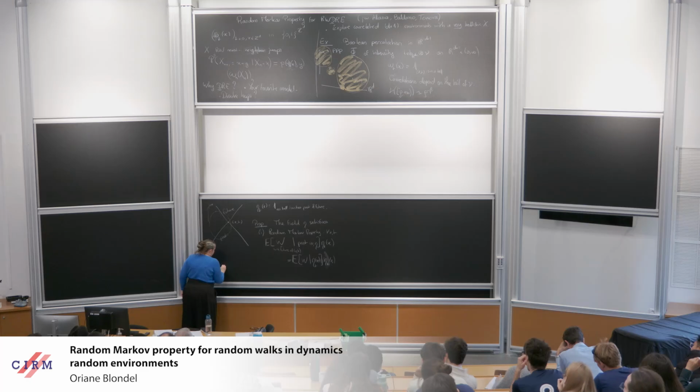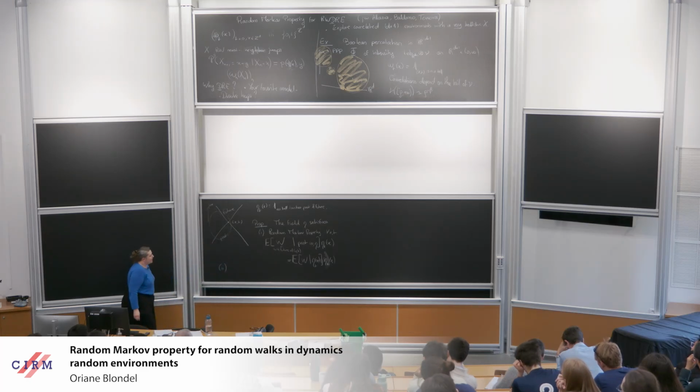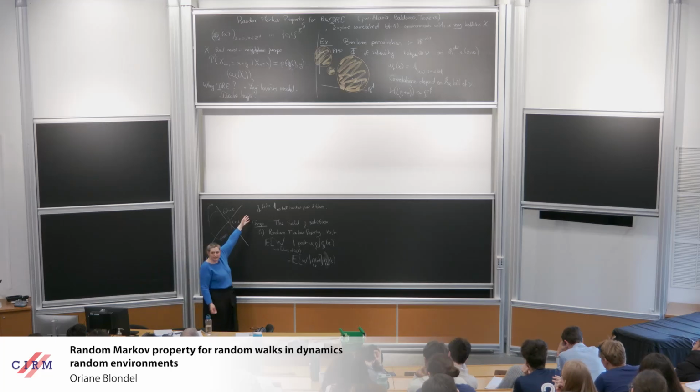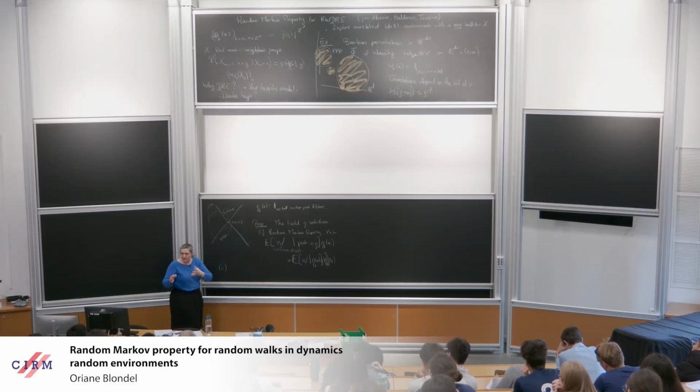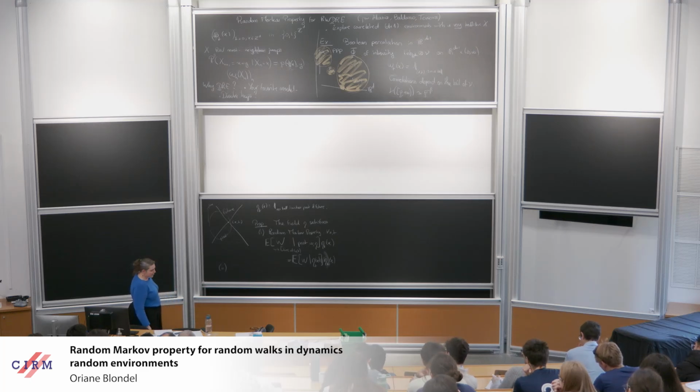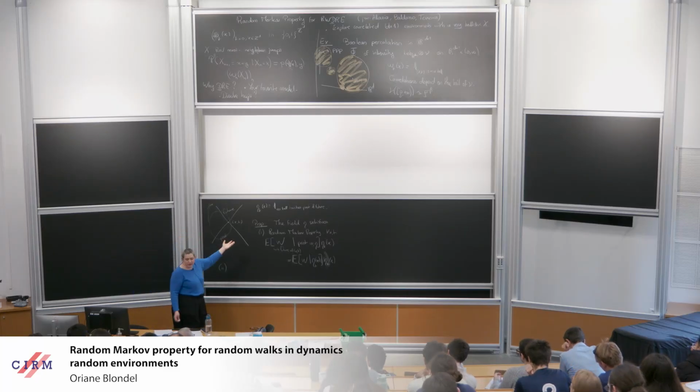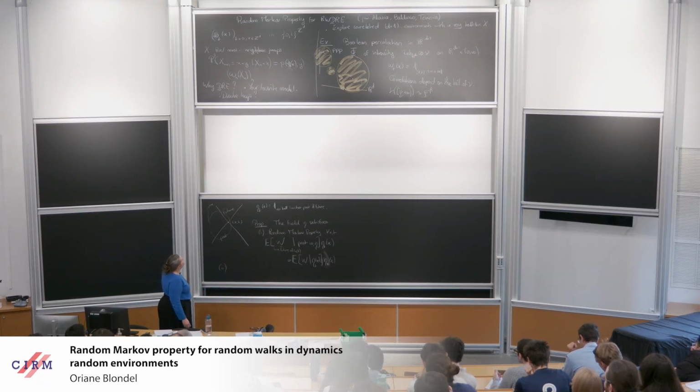And the second thing, and this is very easy to prove in that case, is just the fact that Poisson point processes charging disjoint sets are independent. Now, I need to say something about the triviality or non-triviality of my field eta.